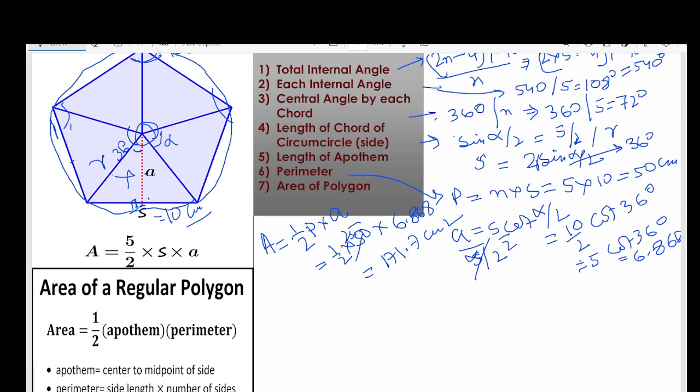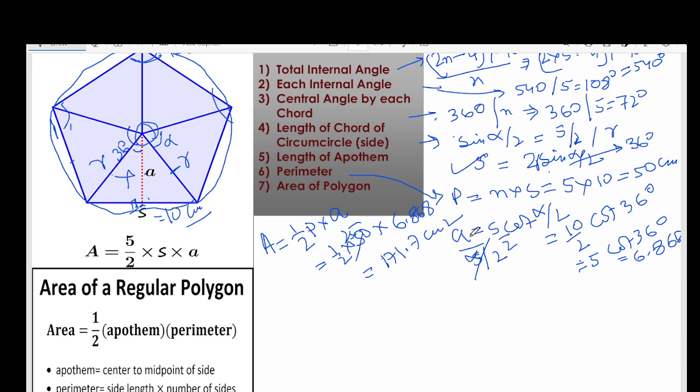Now one thing you remember, always they will not give the value of the side. Sometimes they may give the value of R also. You may need to find out S. So from this formula you can find out the value of S by putting the value of R, and vice versa.